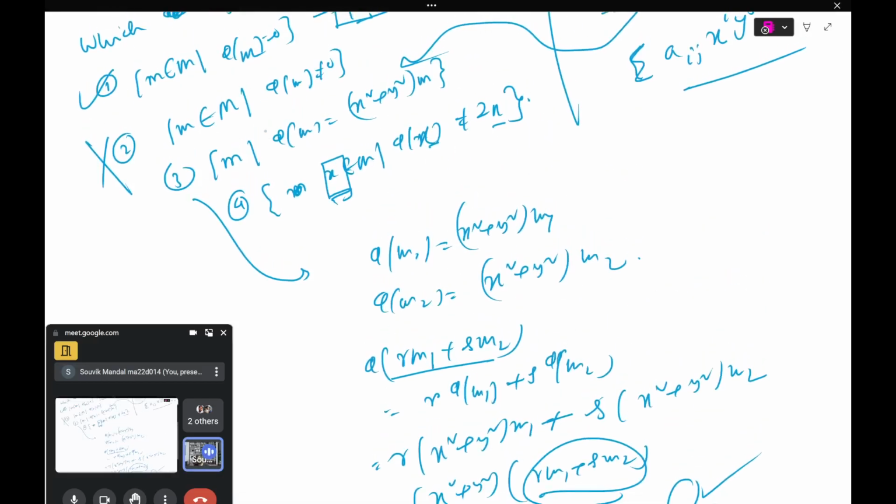About option 3, sorry, option 4: all those x such that phi of x is not equal to 2x. What about this option? Think about it.